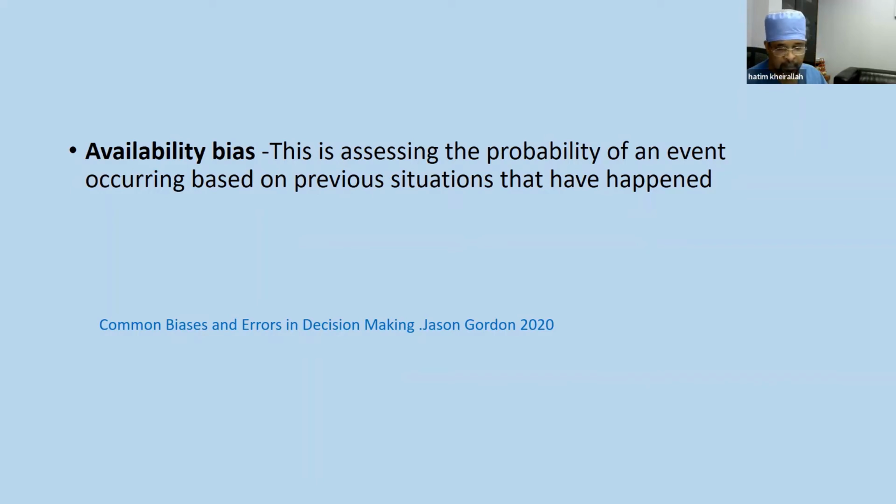So for example, if a physician has missed the diagnosis of pulmonary embolism, he is going to be haunted by this diagnosis and might tend to overestimate the occurrence of pulmonary embolism in patients and over-diagnose this particular entity. Okay, so availability bias is how memories are intrusive in decision-making.